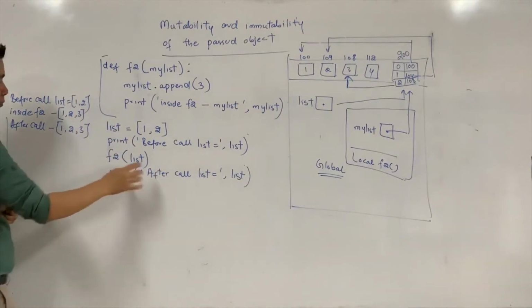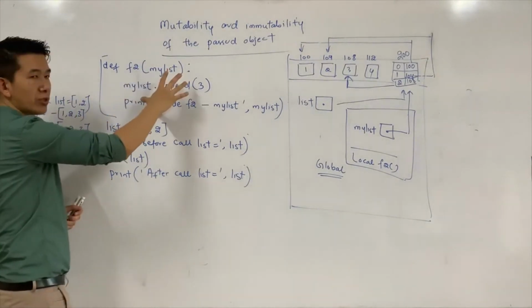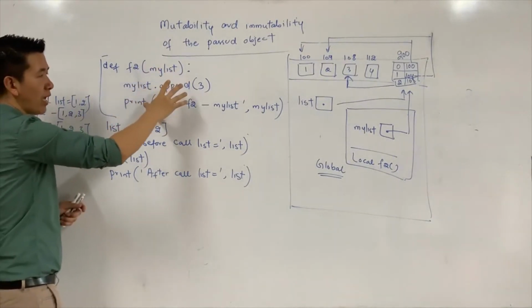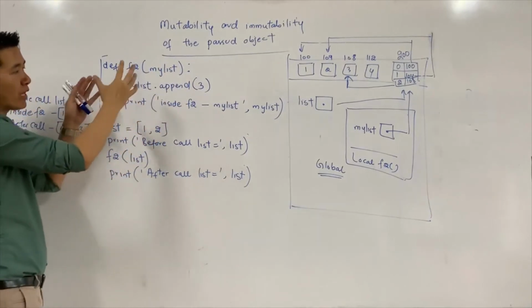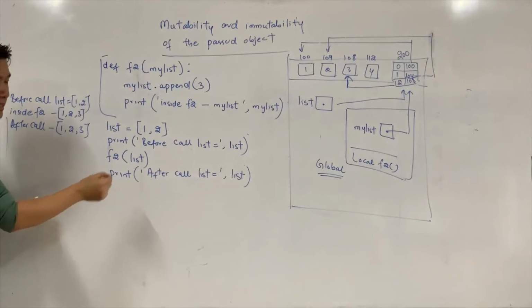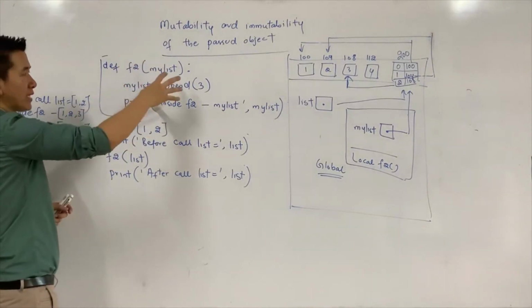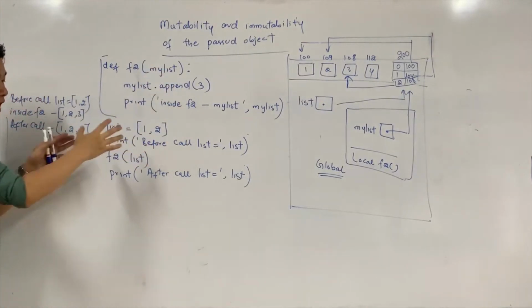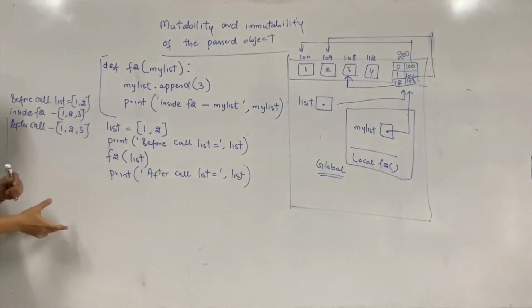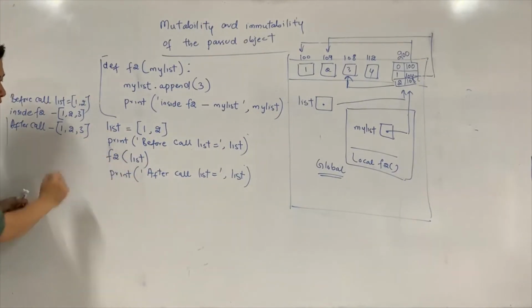So it printed 1, 2, 3. In the earlier program, the changes that you made in the function definition had no effect on the original value. But this time, since the list is mutable in nature, the changes made to the list in the function definition of F2 are indeed reflected in the original content of the list, right?